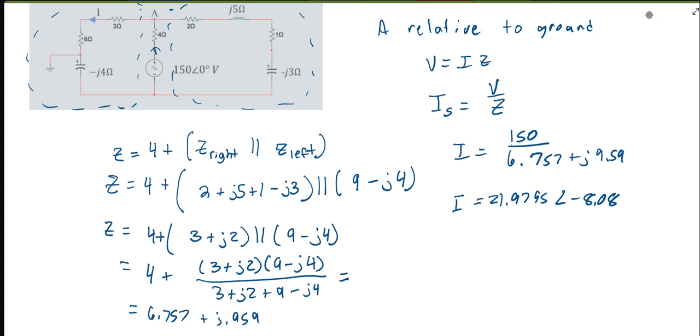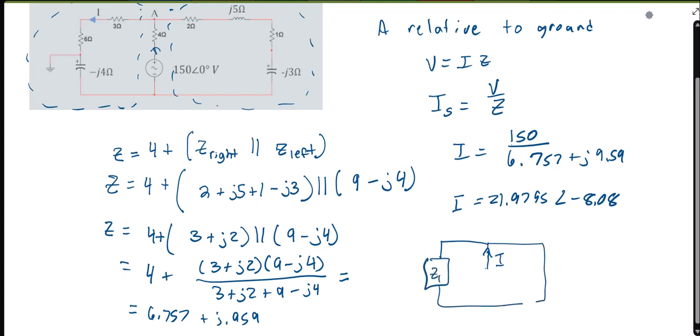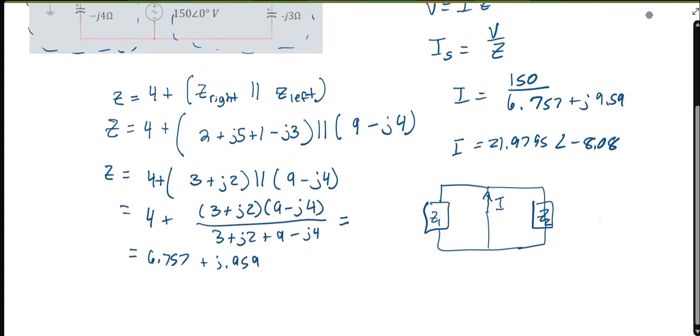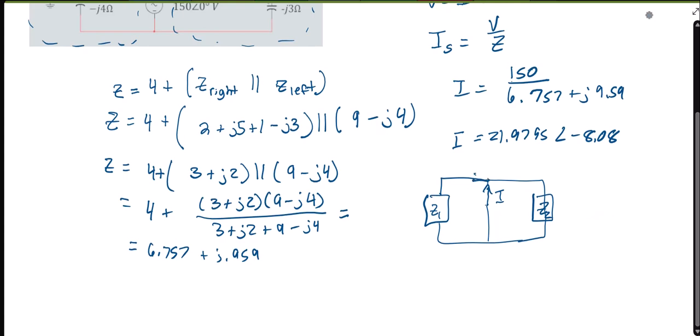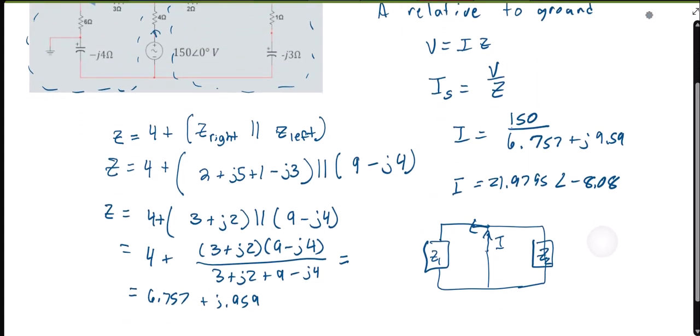Well, then to do current division, you do something very similar to the way that we were doing voltage division before, but current division works a little bit differently. So in this instance, I would have I and Z1 and Z2, and I already have I here, so I'm not concerned about the 4 ohm resistor anymore.